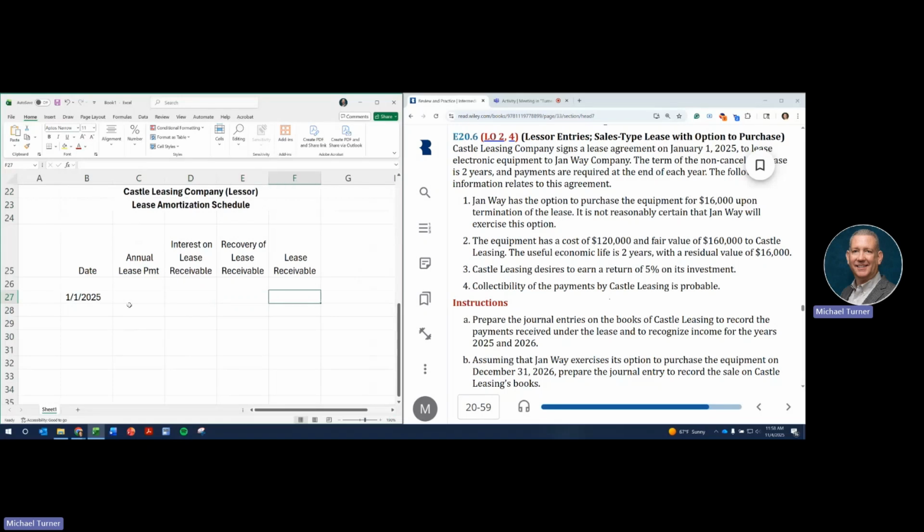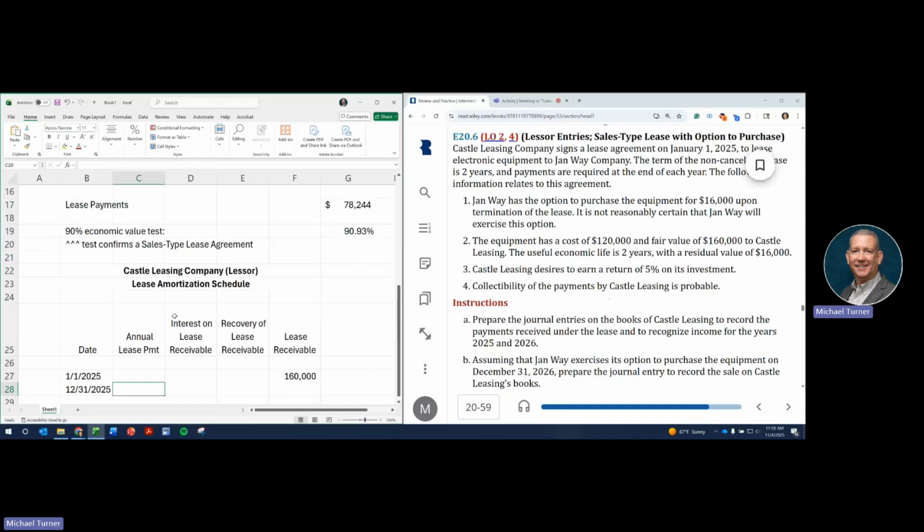So we're setting up, though, the lease receivable, which is $160,000, which is the value of the asset. And then 1 year goes by, and we are going to collect our first lease payment. And we calculated that above to be $78,244. So our first lease payment is $78,244.